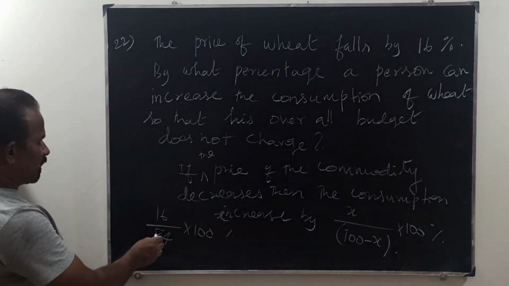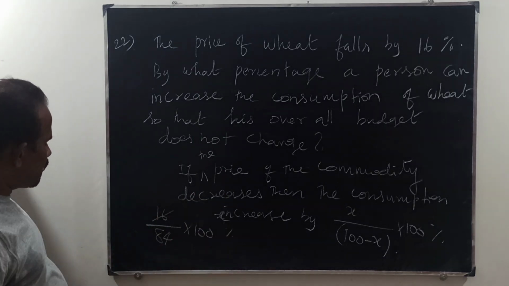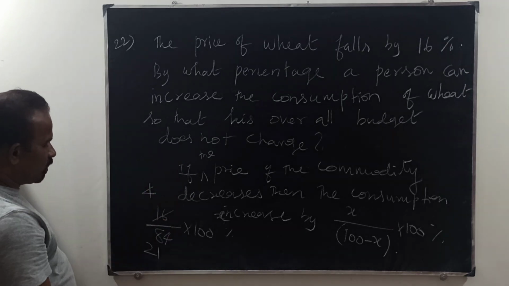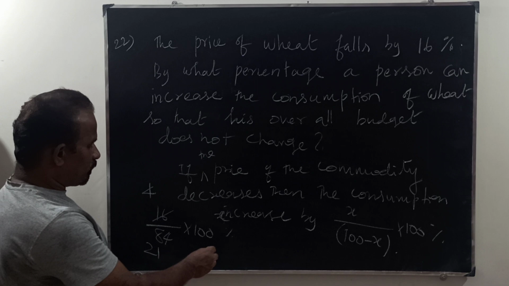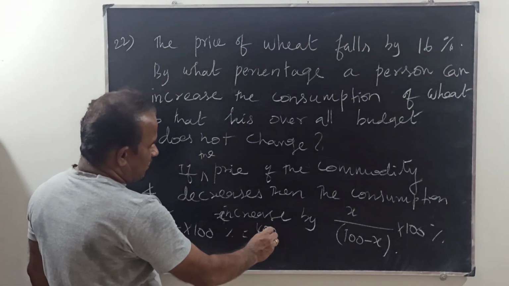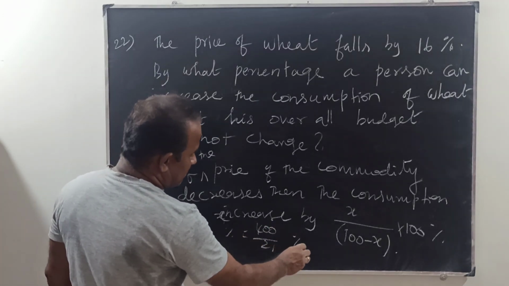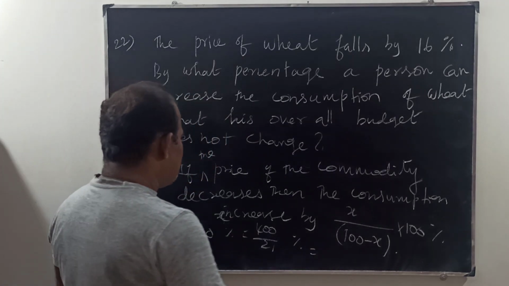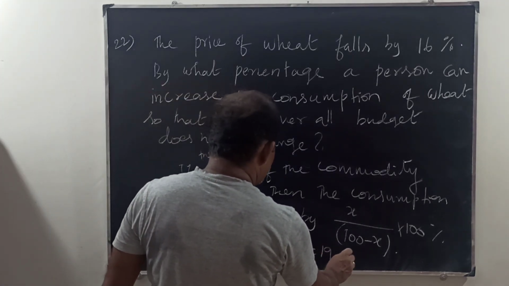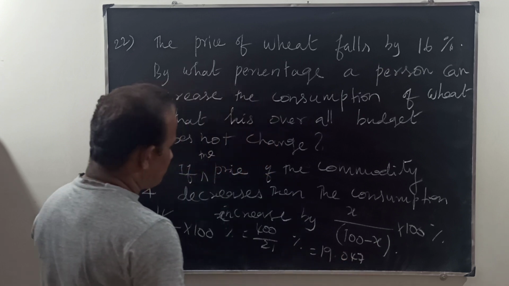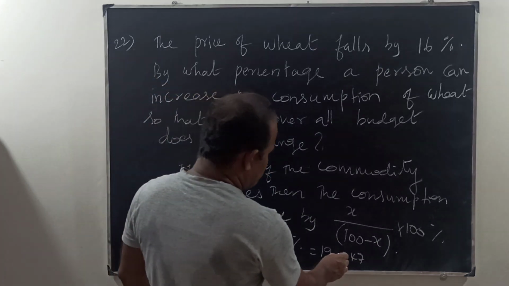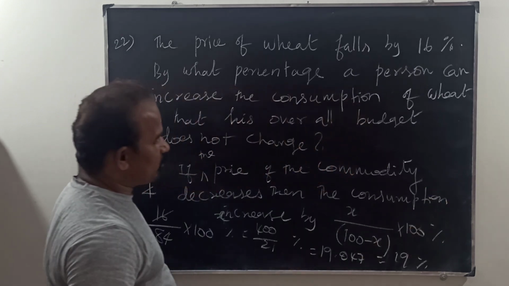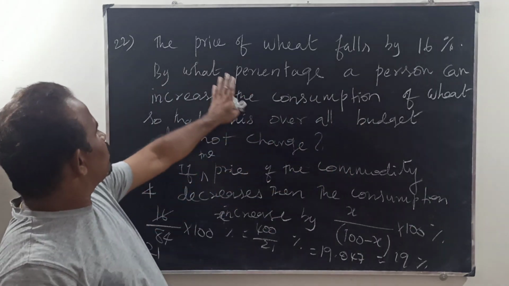So therefore 4 4s are 16, 2 4s are 8, 400 divided by 21 percentage, which is equal to 19.047, so approximately 19 percentage.